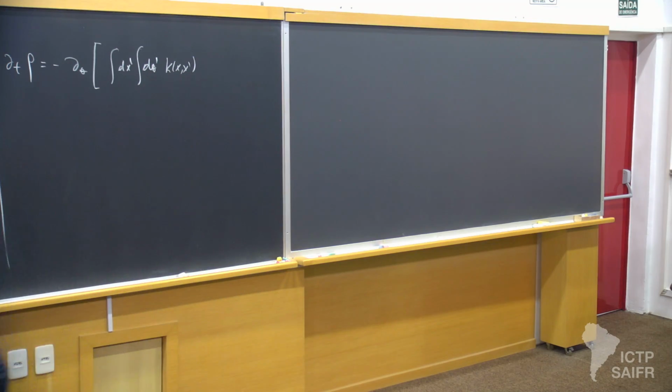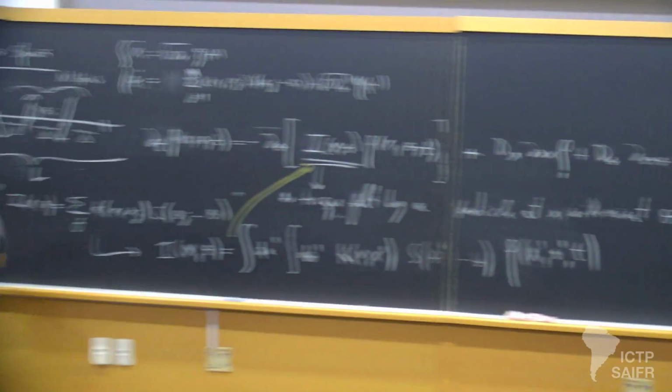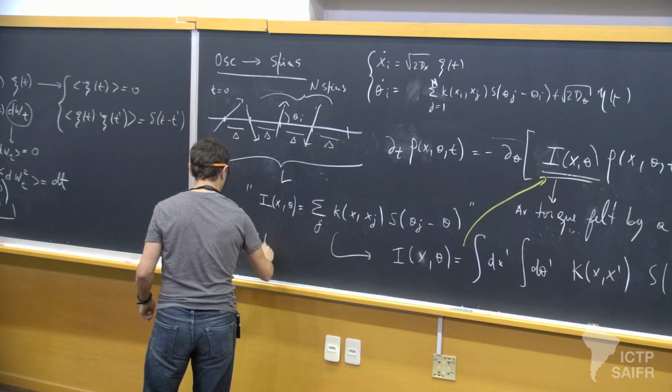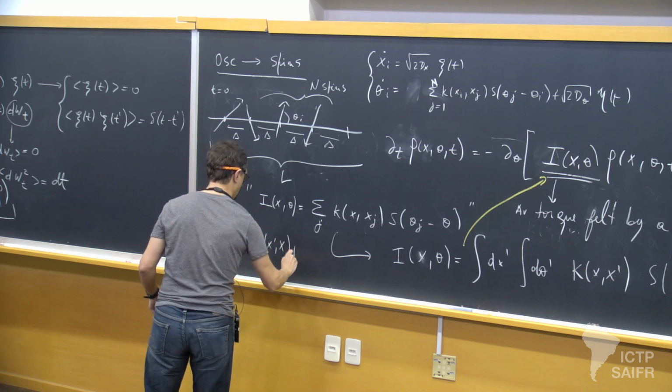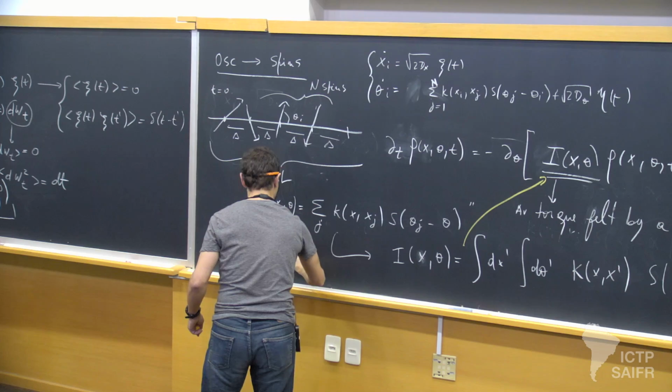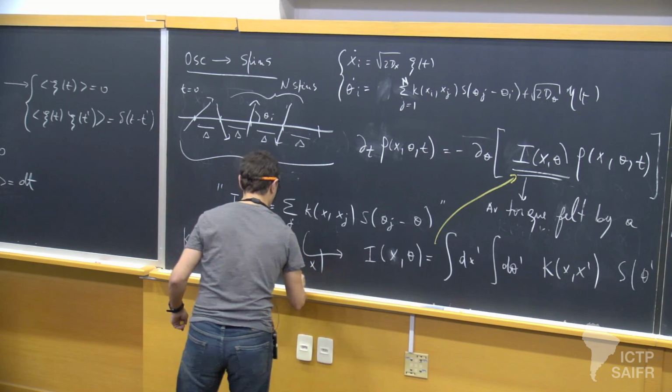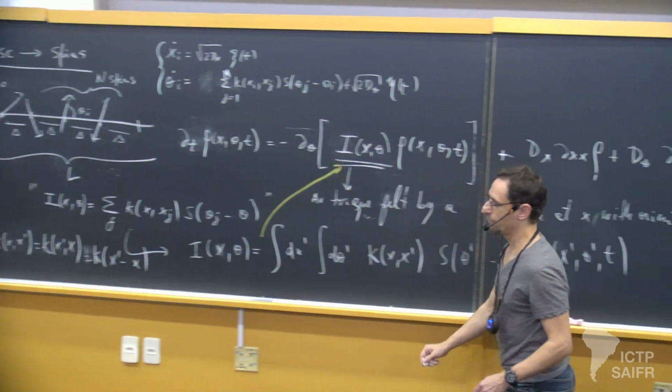Here, I didn't say it, but I'm assuming always that K is equal to, and that in fact I can assume that this one is a function of the difference between the two.